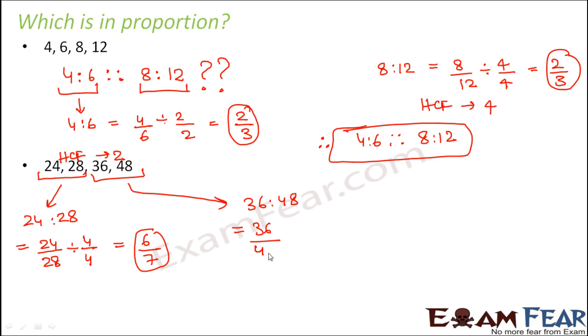This can be written as 36 by 48. The HCF of 36 and 48 would be 12. So divide the numerator and denominator by 12. This is 3 by 4. So in this case, if you look at the values of the two ratios, they are not equal. Therefore, these terms are not in proportion.